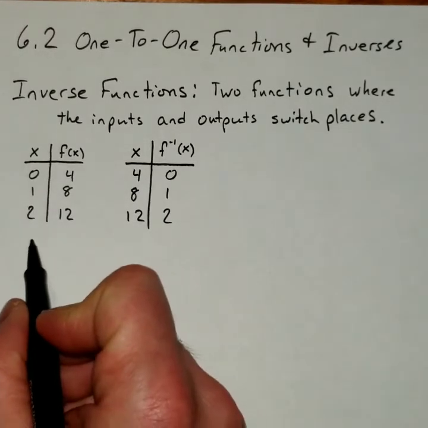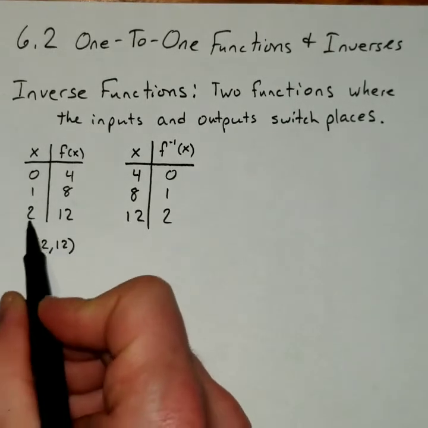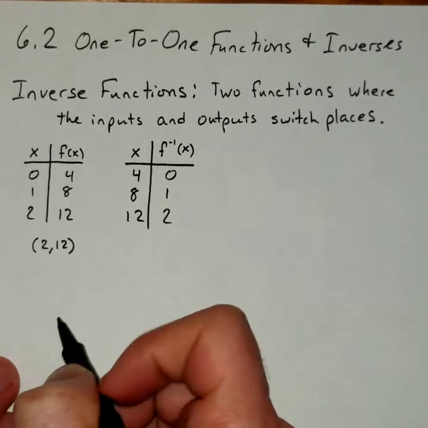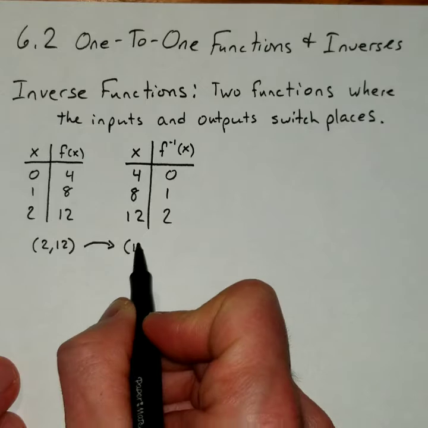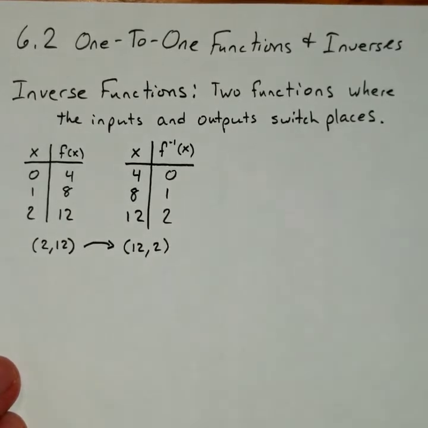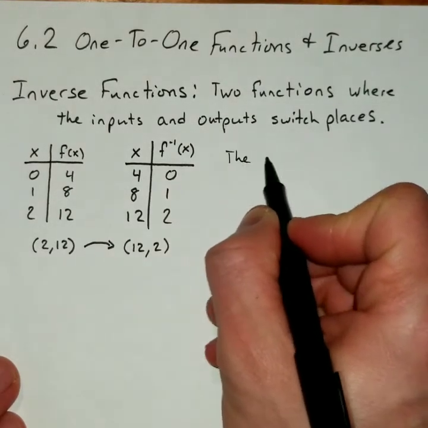And so in this first function, (2, 12) is one of the points on the graph, one of the ordered pairs. In the second function, (12, 2) is an ordered pair. And so in every ordered pair, the coordinates switch position.